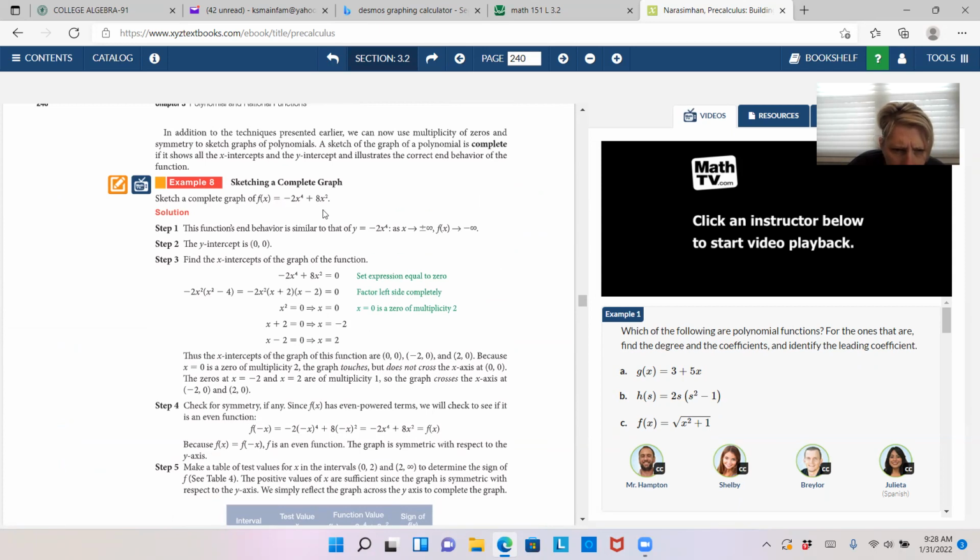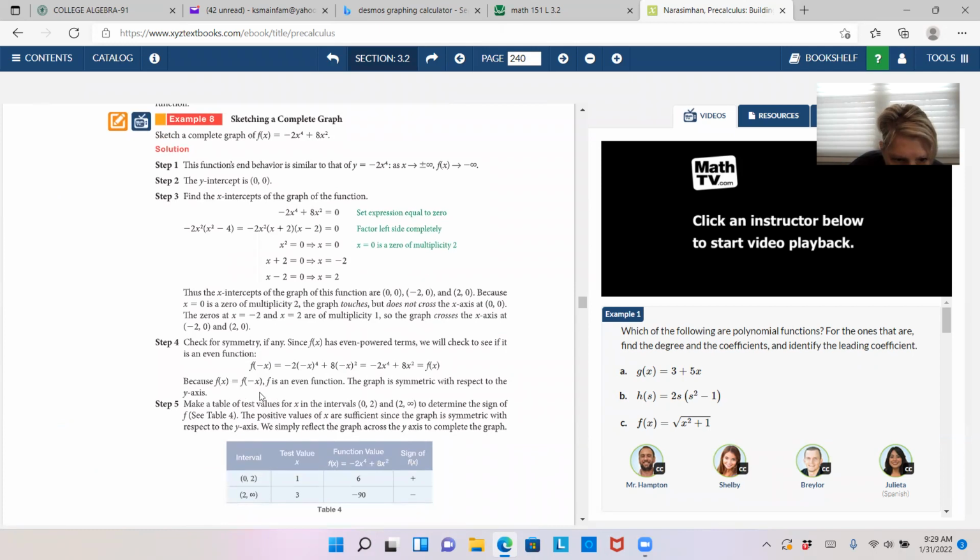And so you can find the y-intercept, which is by putting in 0. That means you're going to be at 0, 0. And then by factoring out, this is the one that we just did from example 3, we factored out. And so we have a multiplicity of 2 for x equal to 0, it happens twice, and then a negative 2 and 2, so those are our 3 zeros.